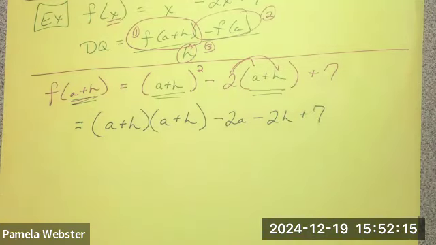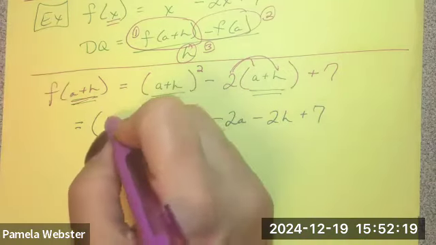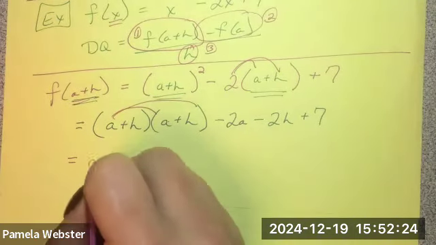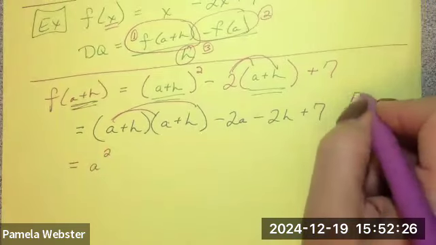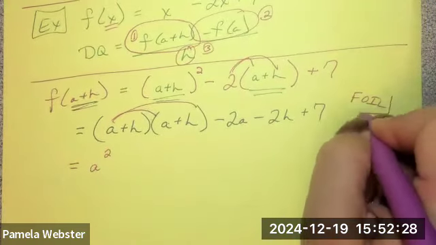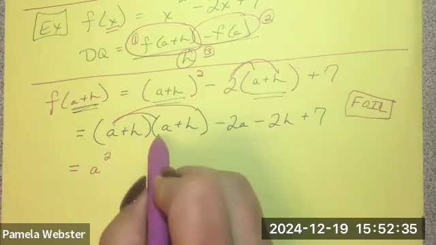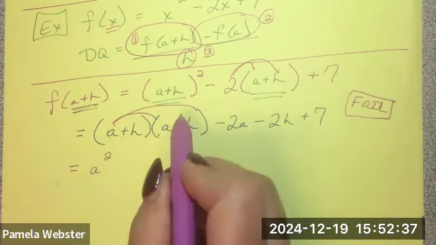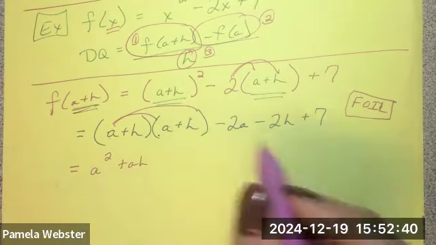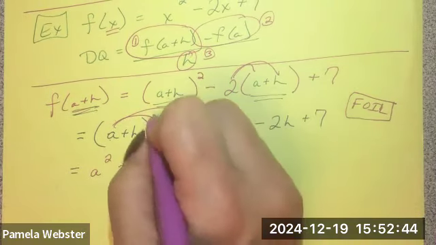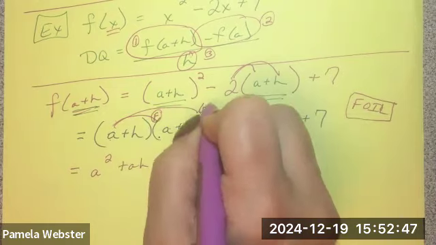All right. And then if you need to go off to the side to figure out how to multiply these guys through, these binomial times a binomial, but a times a is a squared. It's called FOIL, if you remember. First times the outside guys, inside guys, and then the last guys. So a times a is a squared. A times h is plus ah. Okay, that's the outside. This guy was the first. This guy was the outside.